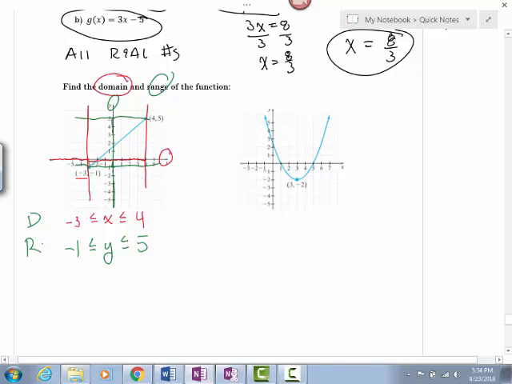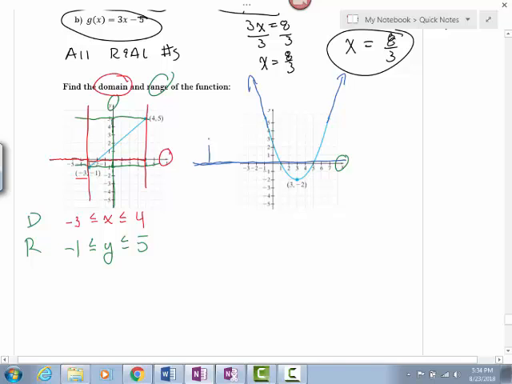Okay. So now let's take a look at the next one. We're still going to do the domain first. I want you to notice that this graph here has these little arrows. What those little arrows mean is that the graph goes up forever and ever and ever. So I want you to think about it. I'm going to be cruising along my x-axis, coming in from the left, moving my way to the right.